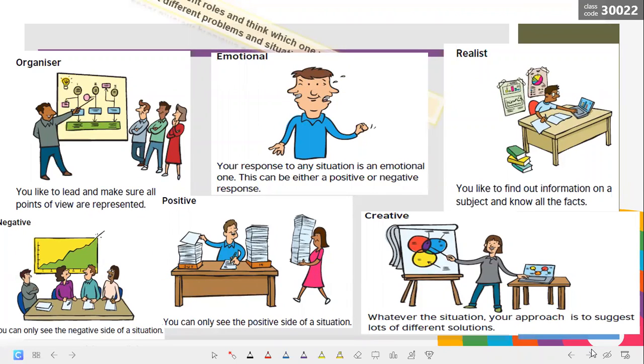Okay, here are the types of teachers' reactions to different problems. You know that some teachers are organizers, others are emotional, and we have realist, and also we have negative and positive teacher, and finally we have the creative one.